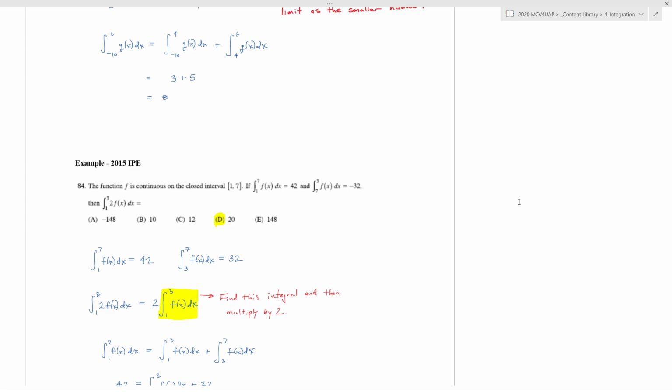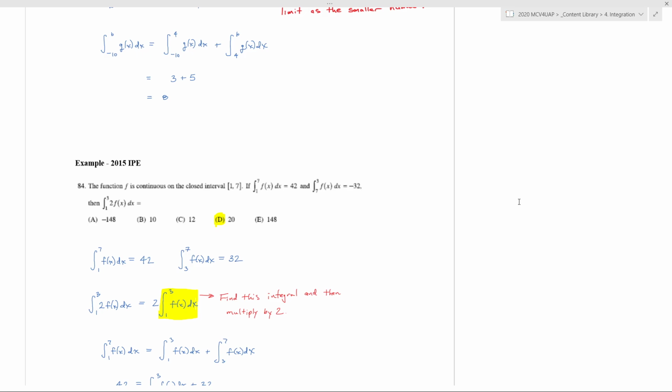So I rewrote down what they gave me, the integral from 1 to 7, and then I rewrote the integral from 7 to 3 as the integral from 3 to 7, so that all the integrals are integrating from left to right. We're being asked to find the integral from 1 to 3 of 2 times f of x dx.